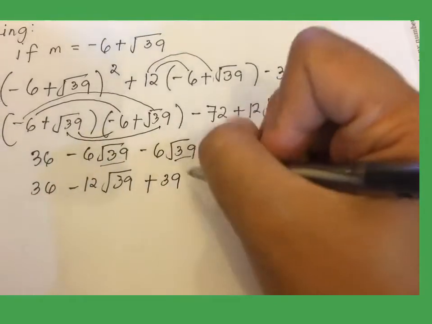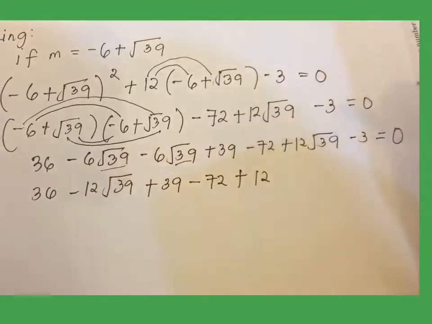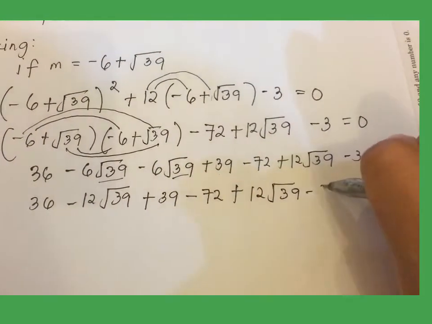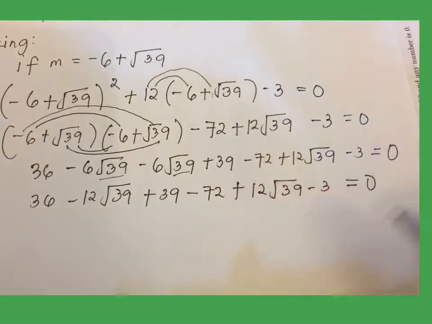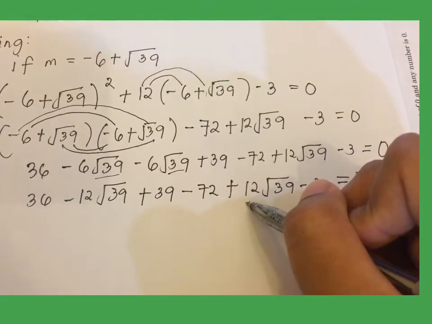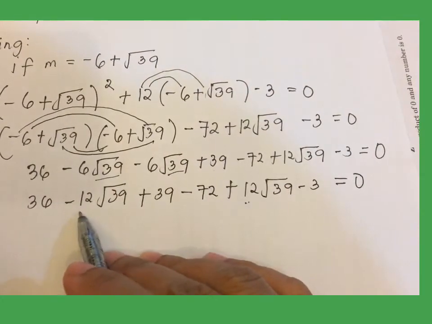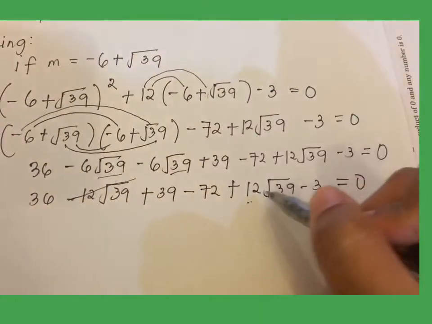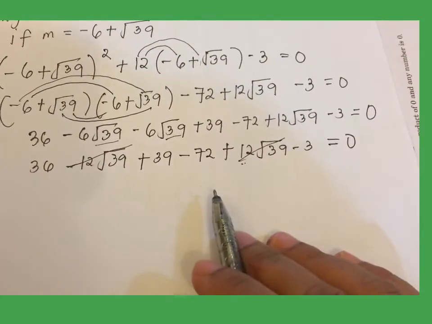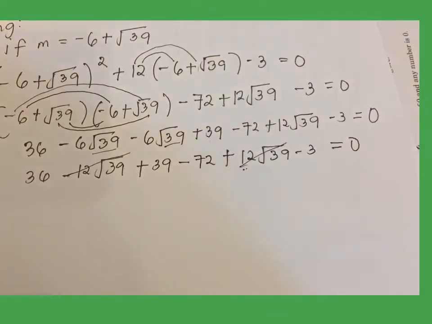Then negative 72 plus 12 square root of 39 minus 3 equals 0. So positive 12 square root of 39 and negative 12 square root of 39 cancel out. That's 0 already.